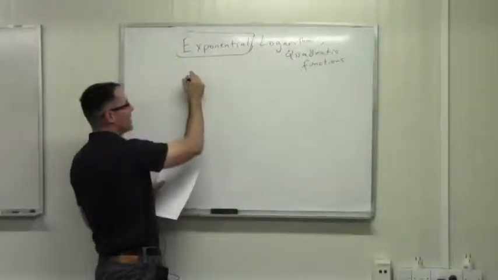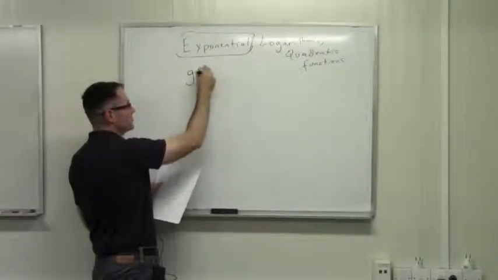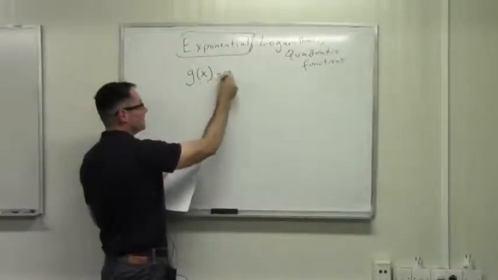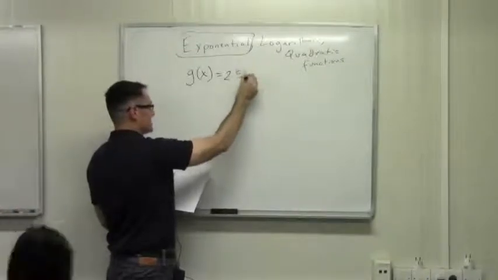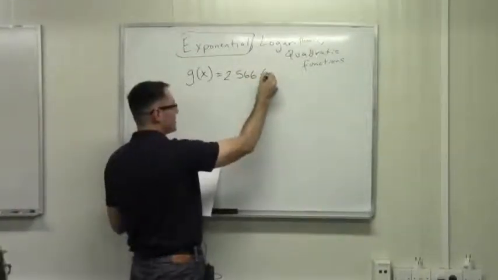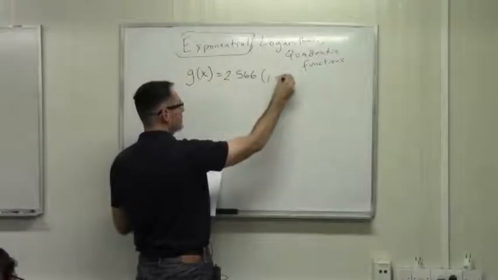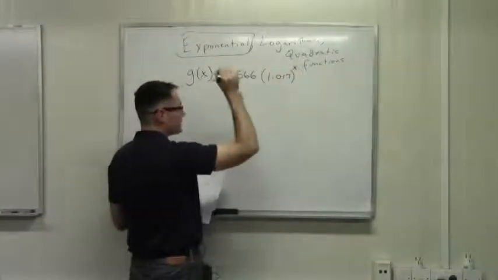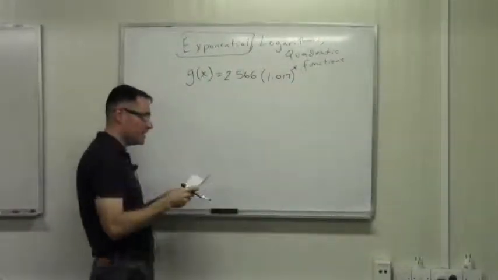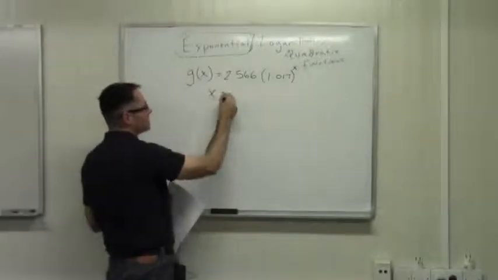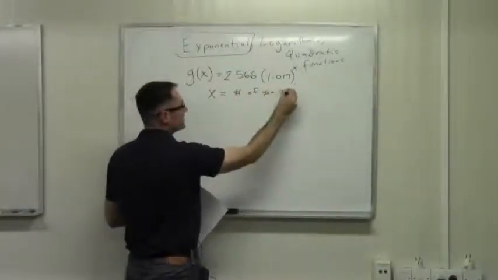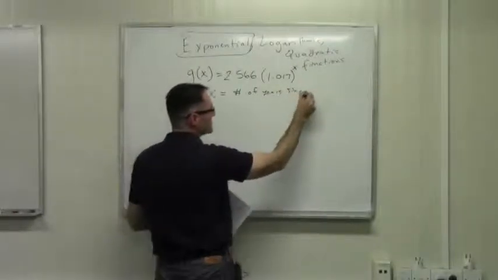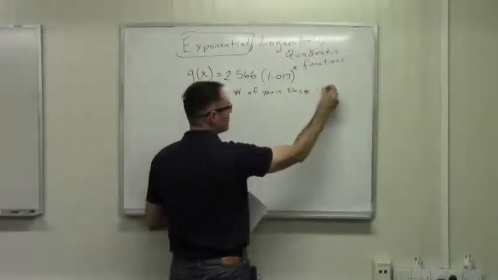So let's say that we have this function, g of x equals 2.566 times 1.017 raised to the x, where x is the number of years since 1947.